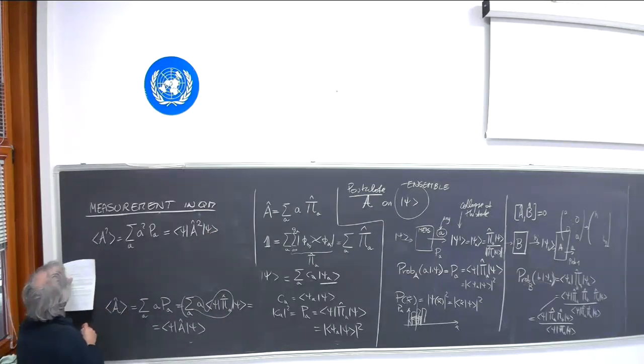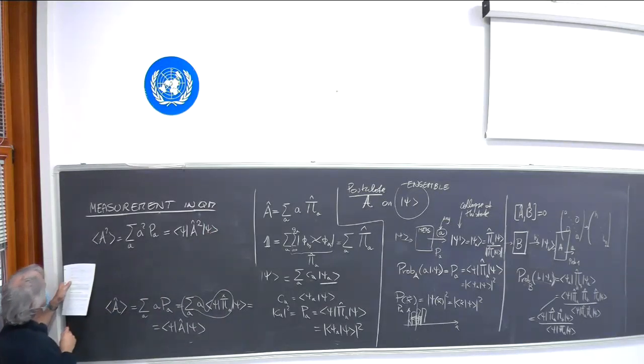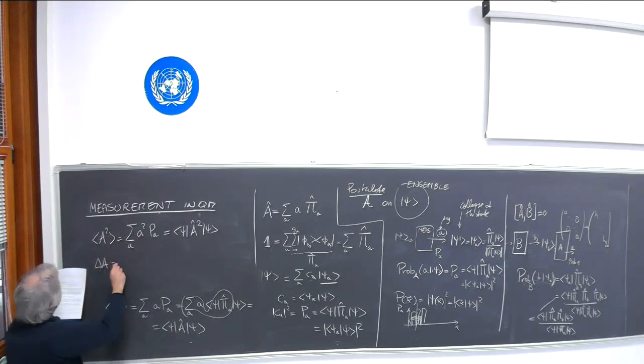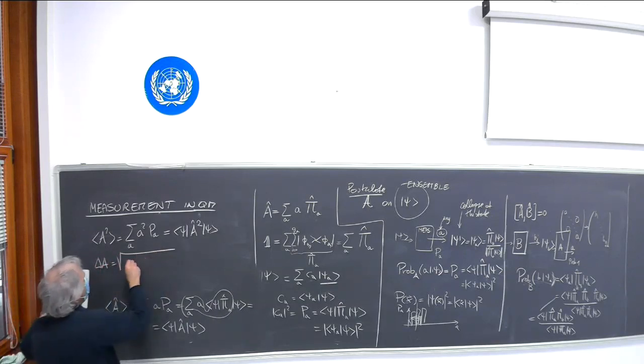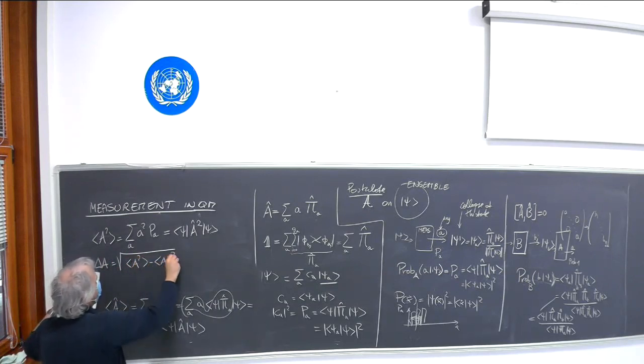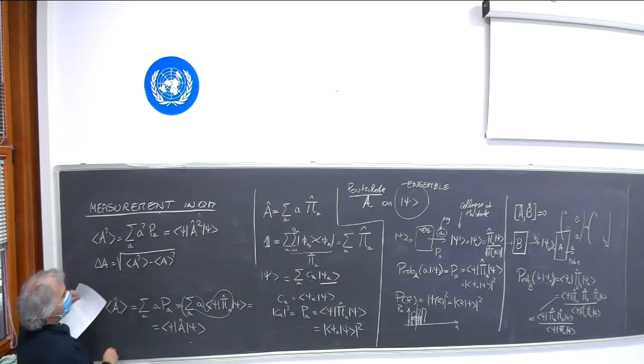And therefore, you can easily define the standard deviation, delta A, to be the square root of the average of the squares minus the square of the average, okay?